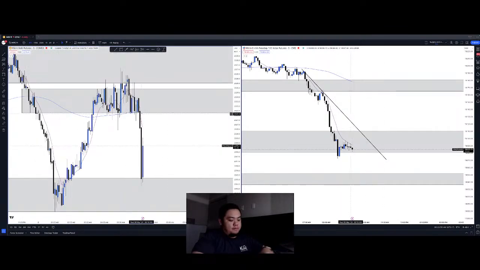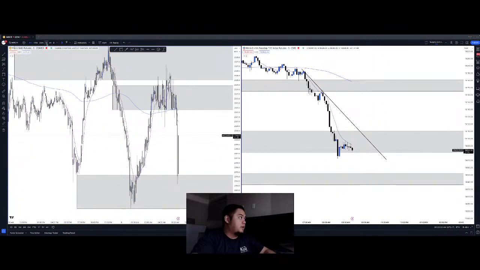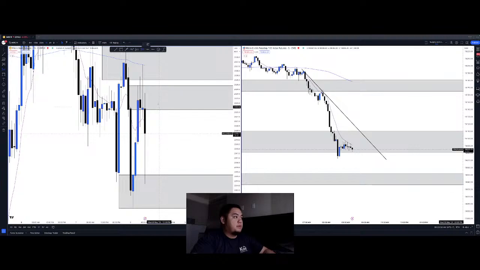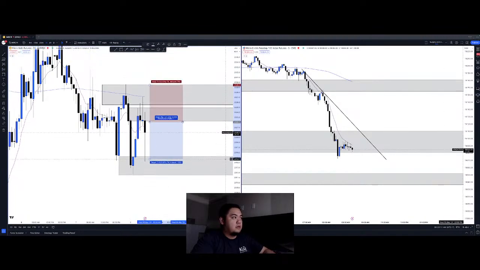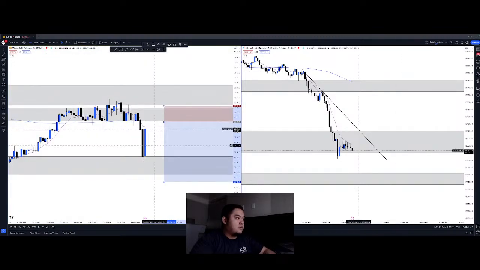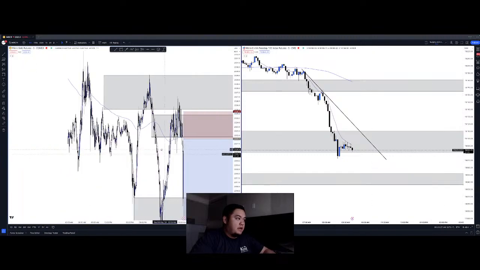Alright, since we're rejecting this demand area on the 1 hour, we're going up back into supply. So I might be interested in a short depending on how we open. So I'd be interested to go short here, aiming for the next swing low. So it depends on how we open.